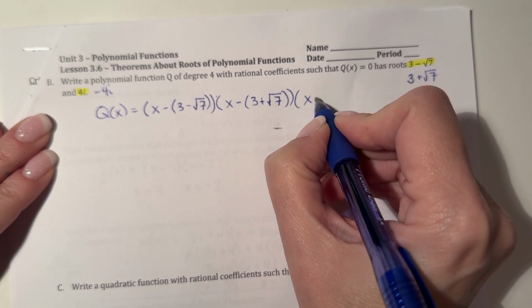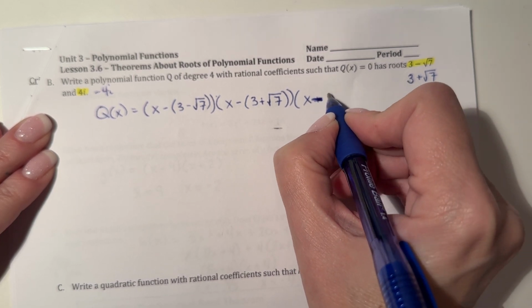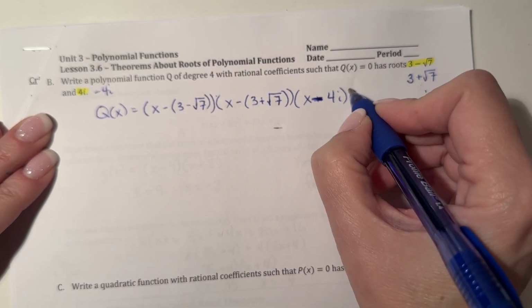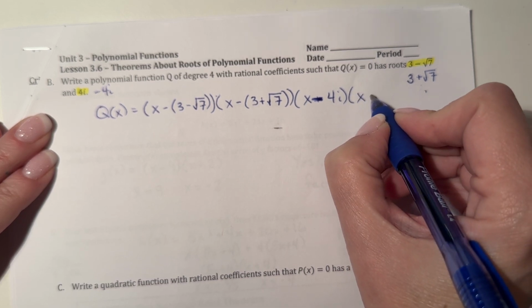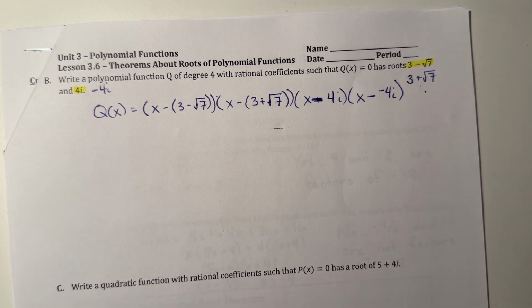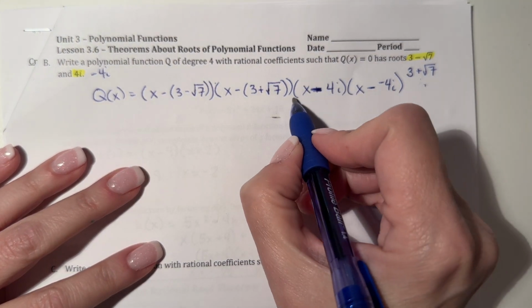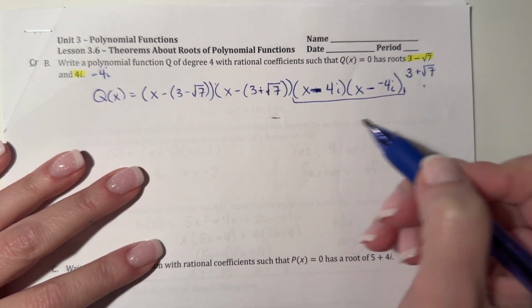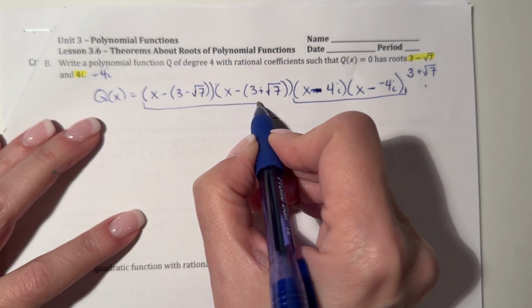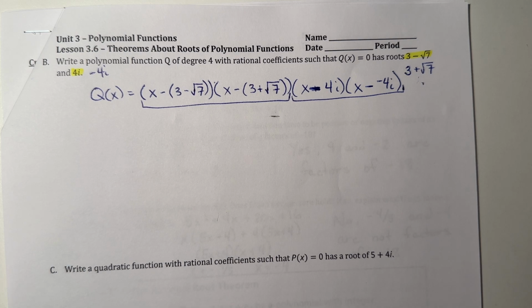Then you've got x plus, minus 4i. And then you've got x minus negative 4i. And that is all my pieces. Wow, that is an awful lot of stuff to be multiplying together. All right, so as far as things go, these are probably your easiest ones. Those are going to be your uglies right there. They're not terrible, but they aren't nice.